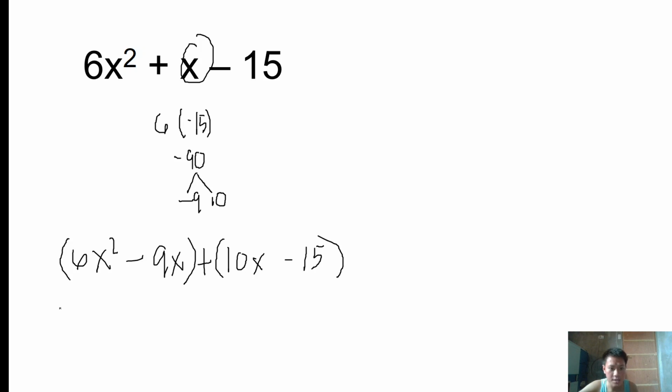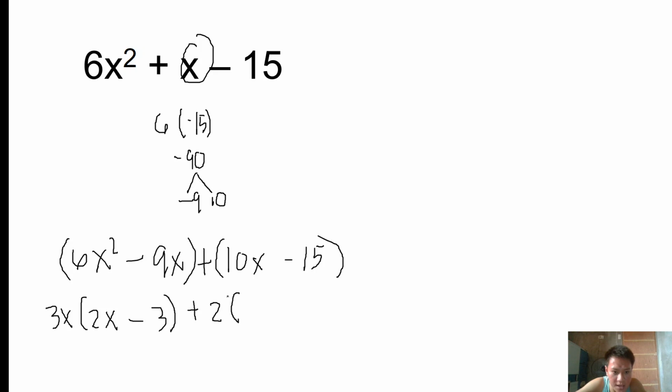In this case, sa pag-group natin, nakita natin may mga common factors sila. So, 6x squared minus 9x, meron siyang common factor na 3x. Ayan, 3x. So, 6x squared divided by 3x is 2x. Minus 9x divided by 3x is 3.